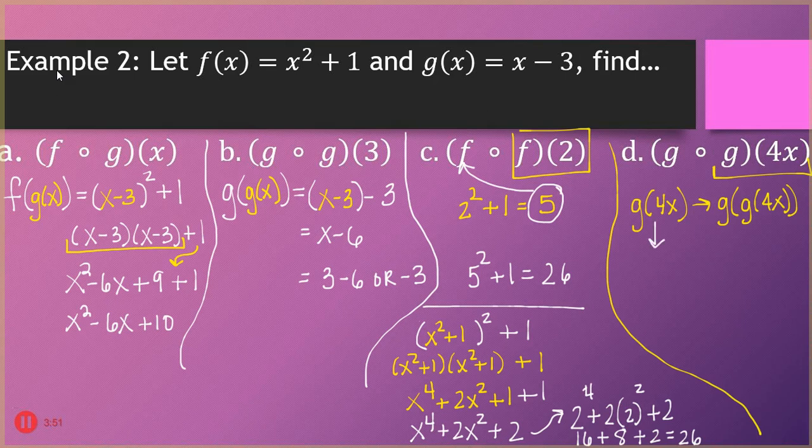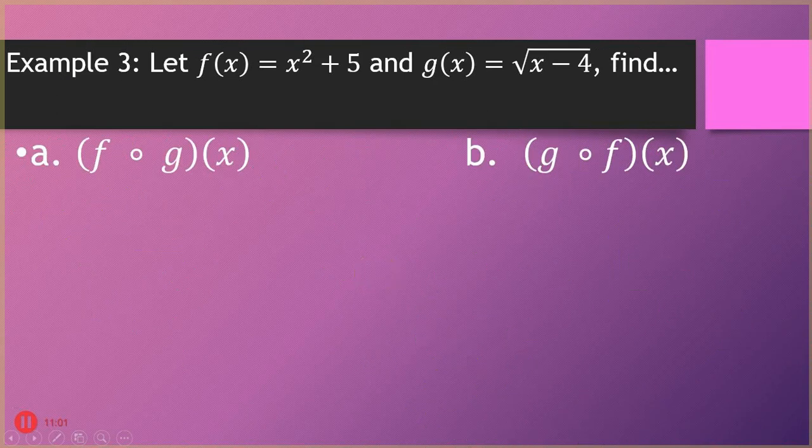Then I would have 4x minus 3. But if I take this function and I put that back into g again, then I have 4x minus 3 minus 3, which is going to simplify to 4x minus 6. And that is my final answer.